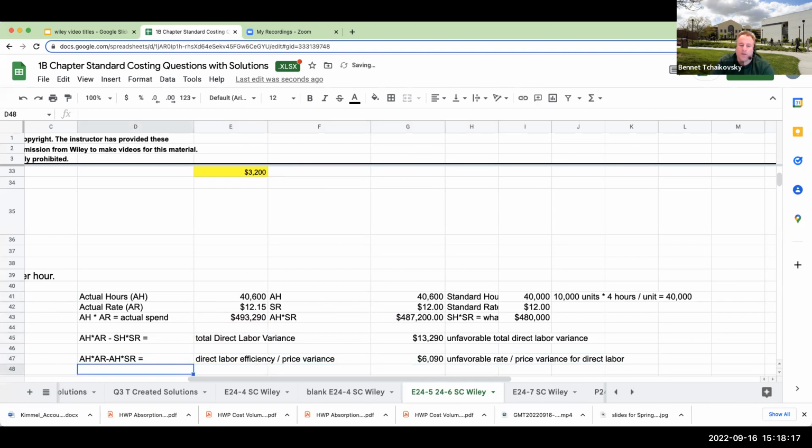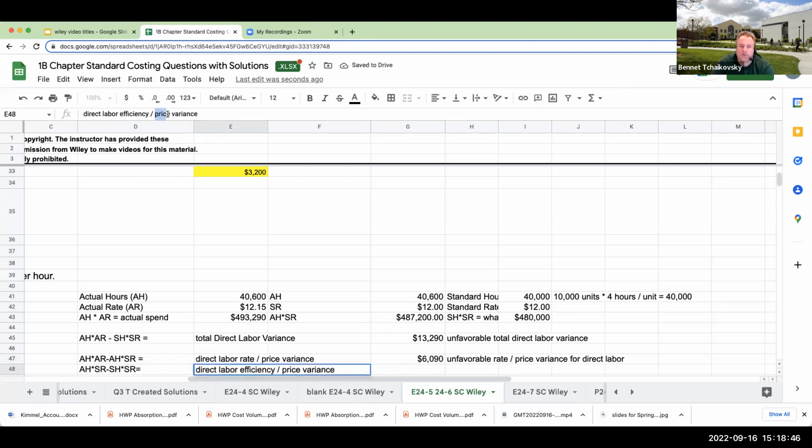Okay. Now, to complete this, I'm not done yet, because now I need to figure out the efficiency or quantity variance, which is going to be my actual hours times the standard rate minus the standard hours times the standard rate. This is actually direct labor. This should be a rate. Sorry about that. It should be a rate variance.